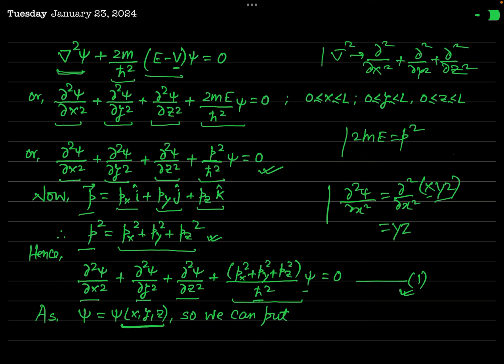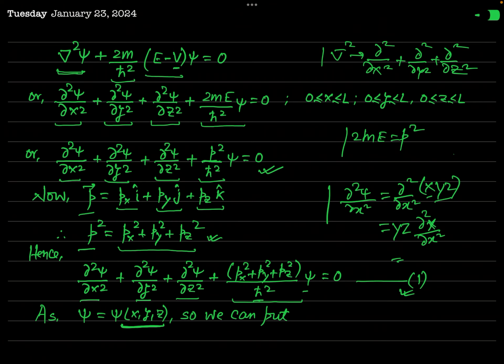So Y and Z will be outside and the operator will operate on capital X only, since capital X is a function of small x only.